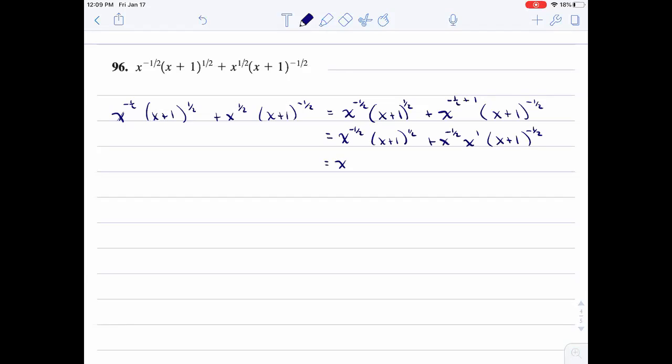So I get x to the negative 1/2 all times, and then the first term is just x plus 1 to the 1/2, the second term is plus x to the power of 1, times x plus 1 to the negative 1/2. If I expand this back in, I should get back to where I started.